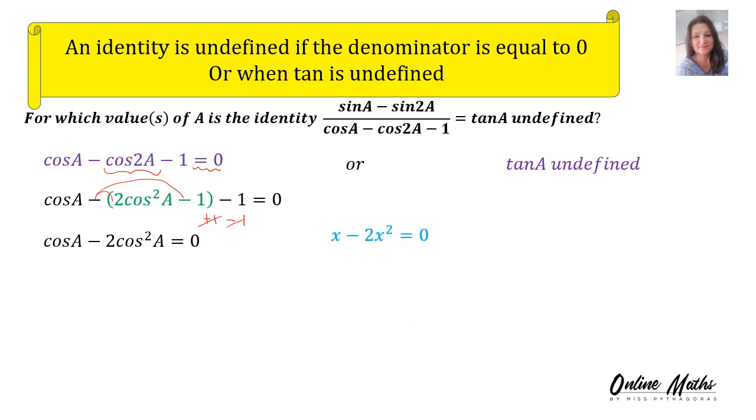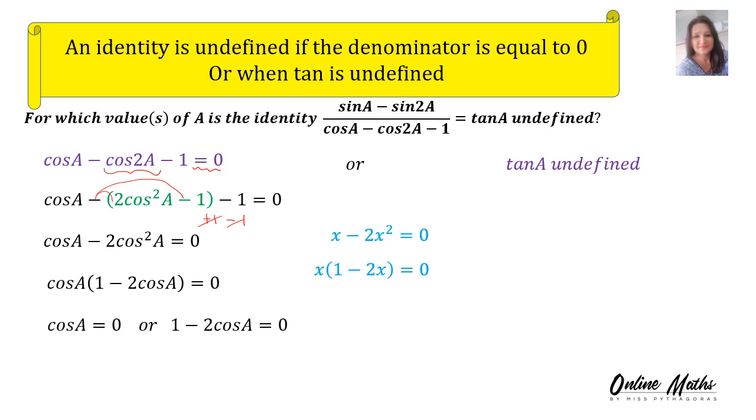And spot the algebra. The corresponding algebra there will be x minus 2x squared is equal to 0. And in algebra, you can pull out x as a common factor, and you're left with bracket 1 minus 2x is equal to 0. So back at your trigonometry, you can factorize by taking out cos A as a common factor. And then you're left with bracket 1 minus 2 cos A is equal to 0.